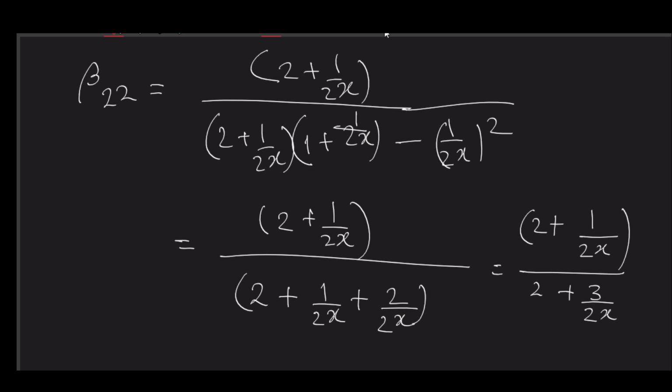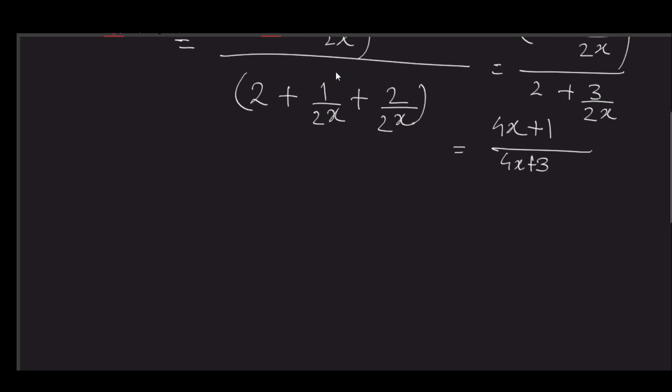So basically we will get 4x plus 1 by 4x plus 3, right? So similarly you can calculate beta 12.